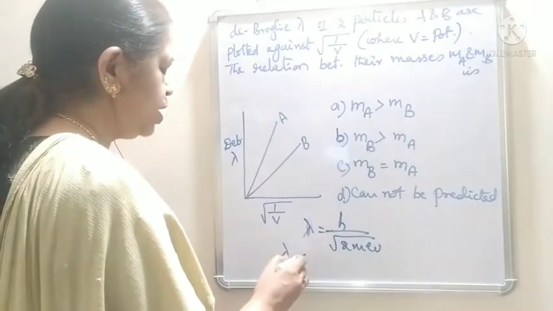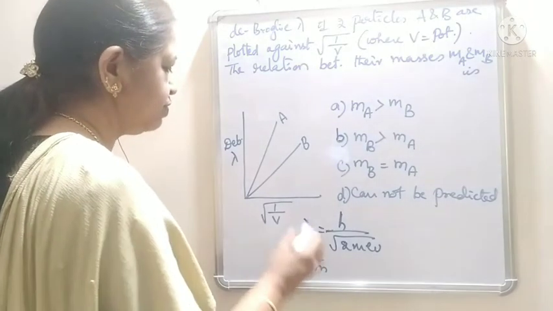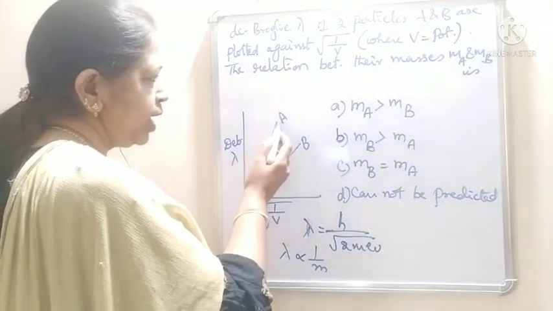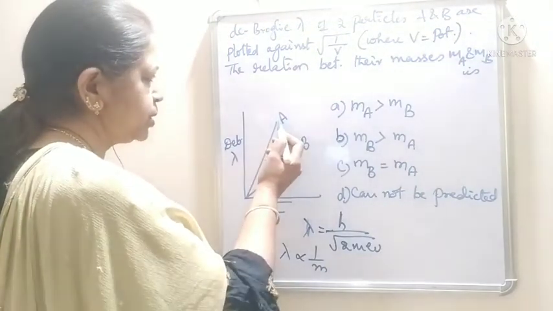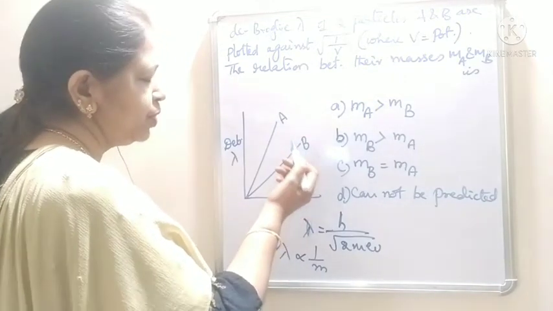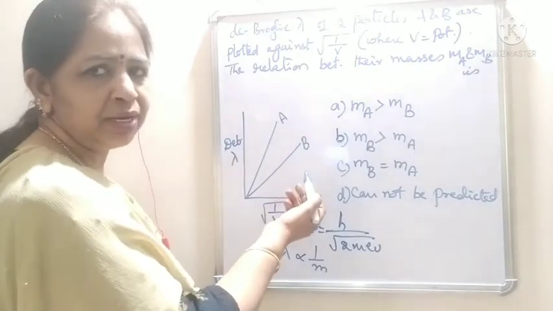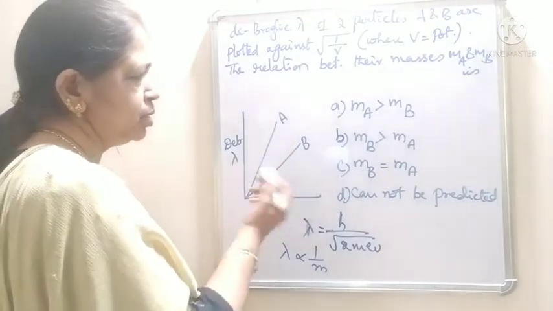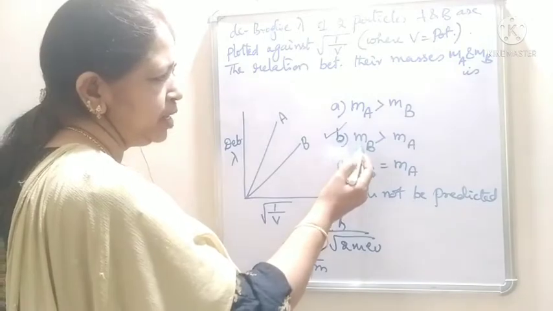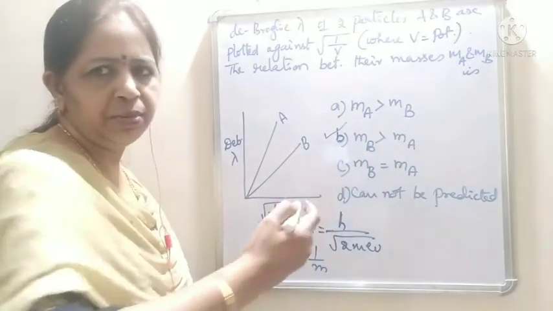Lambda is inversely proportional to the mass of the particles. So, for A, the de Broglie wavelength is greater than that of B. So, the mass of B will be greater than the mass of A. So, in these options, B is the correct one, where MB is greater than MA.